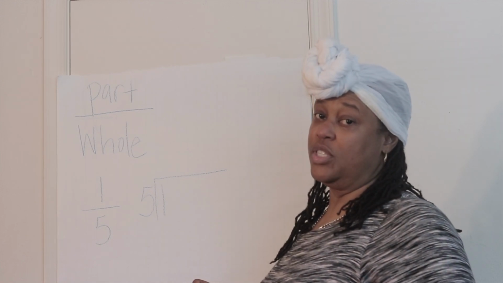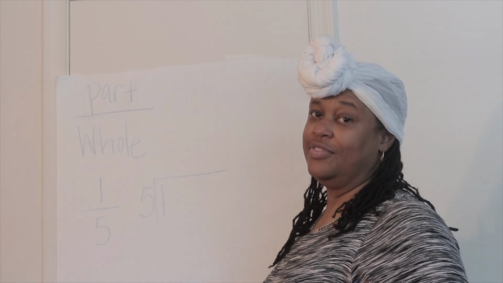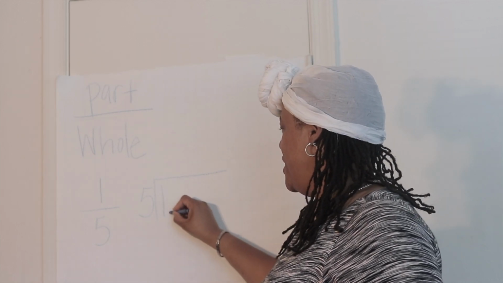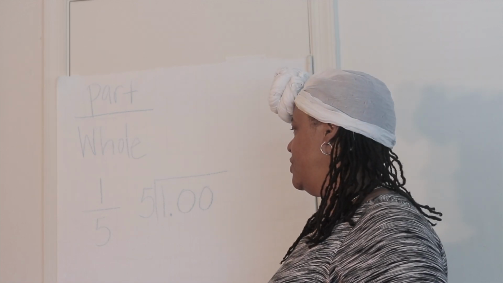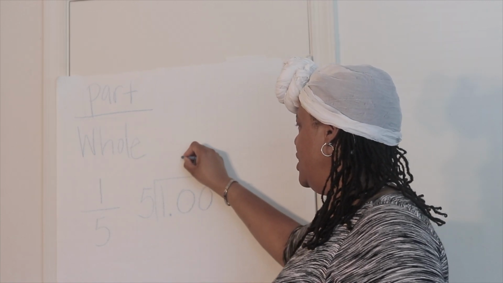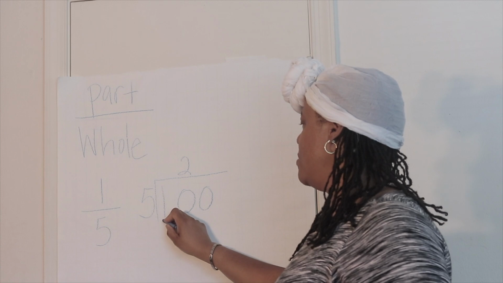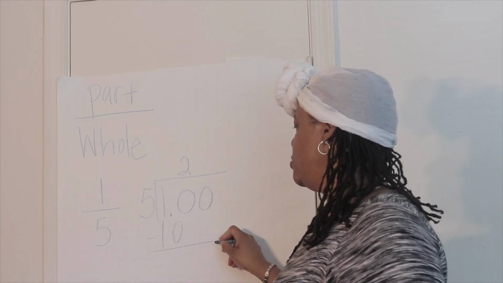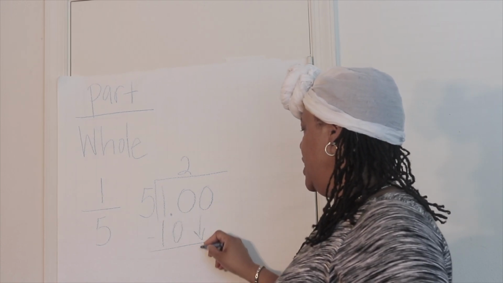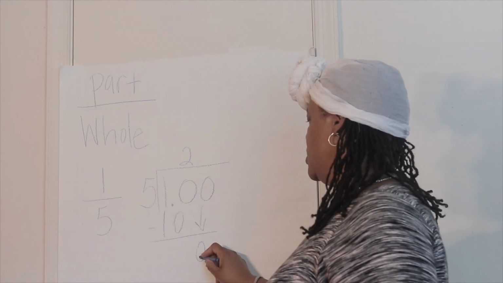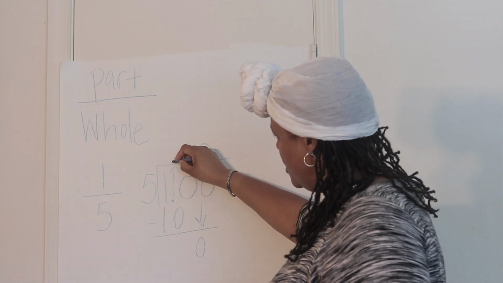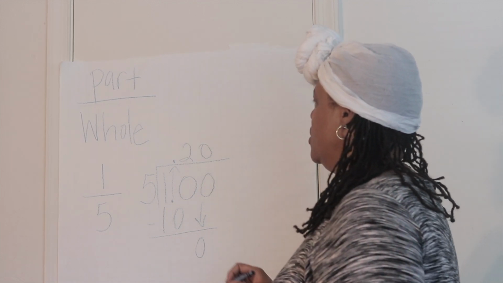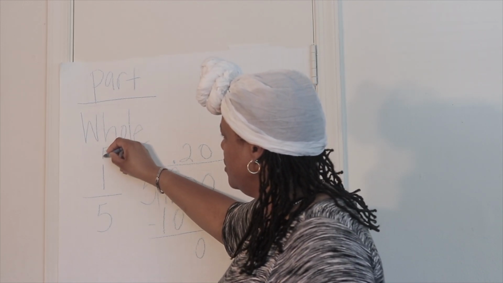Since 5 can't go into 1, what do we do? That is correct. Add a decimal and at least 2 zeros. 5 goes into 10 twice. 2 times 5 is 10. Subtract. Bring down the other 0, and 5 goes into 0 0 times. Don't forget your decimal.